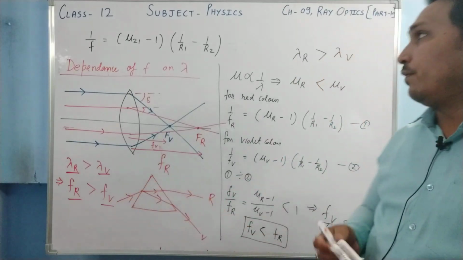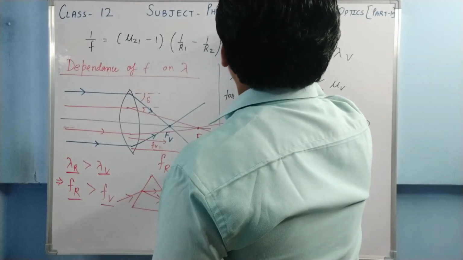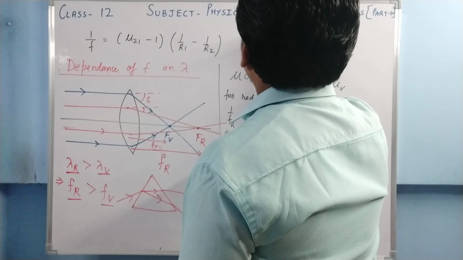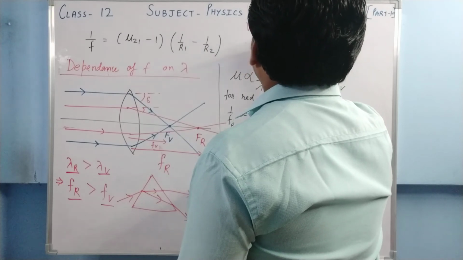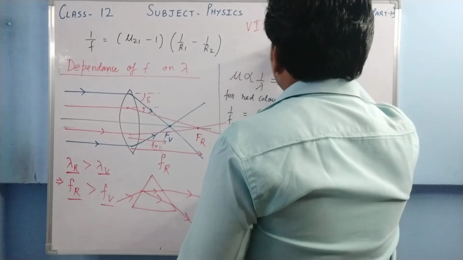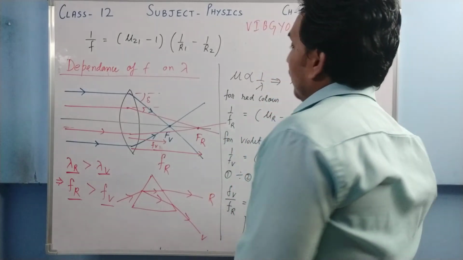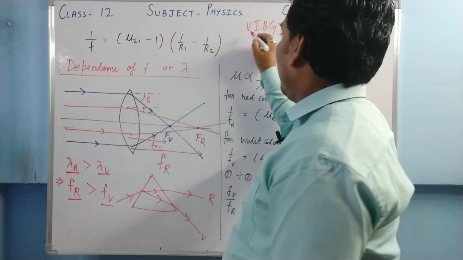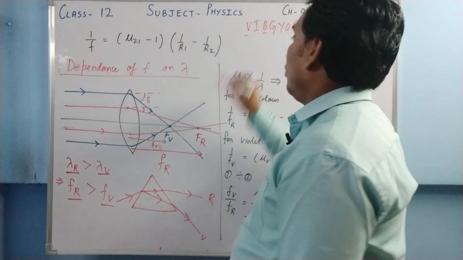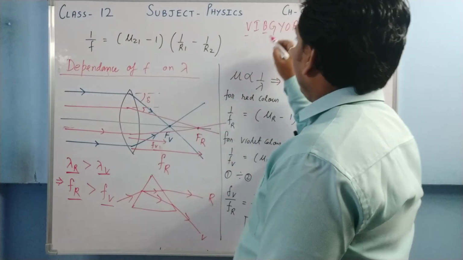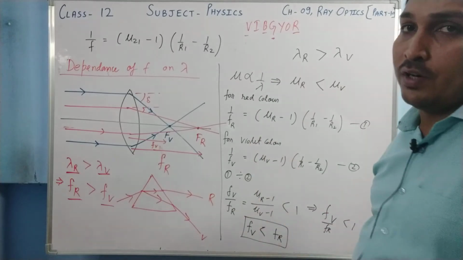Okay, so if I write Vibgyor, violet, indigo, this is the increasing order of wavelength. So focal length will also be increasing in this order. Focal length of violet color will be less than focal length of blue color. Focal length of green color will be less than focal length of red color.